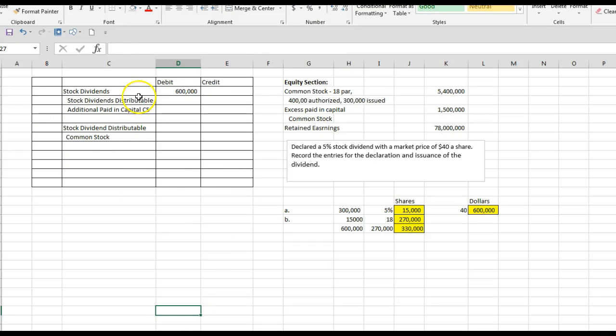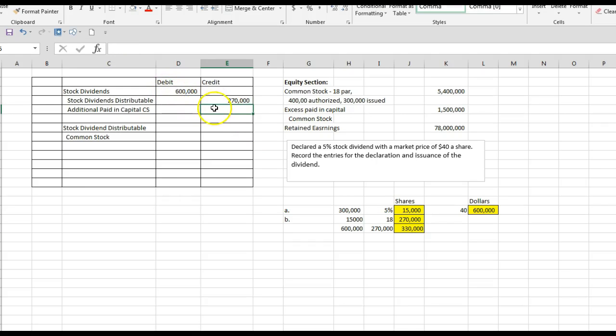And this right here is how much the stock is at par that we're going to be distributing. We have 15,000 shares we're going to distribute. The par is $18, so it's 15,000 times 18. That would make that 270,000.